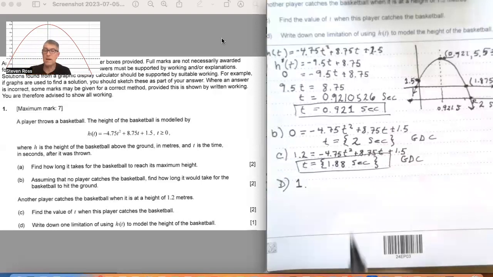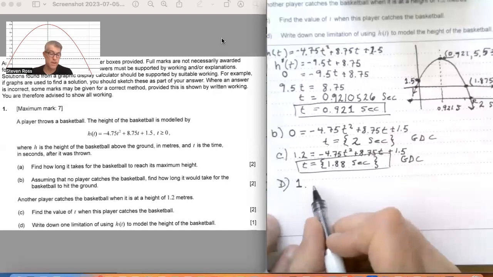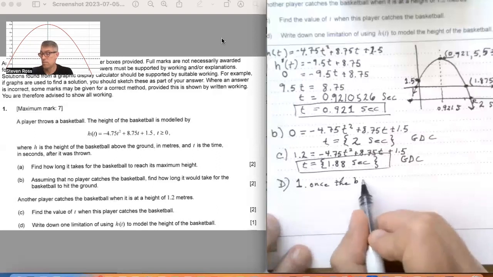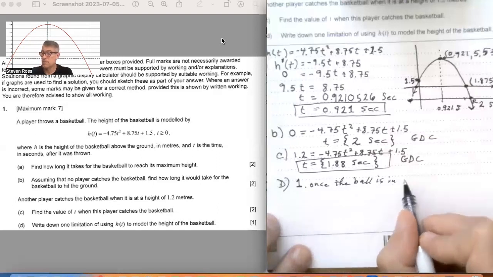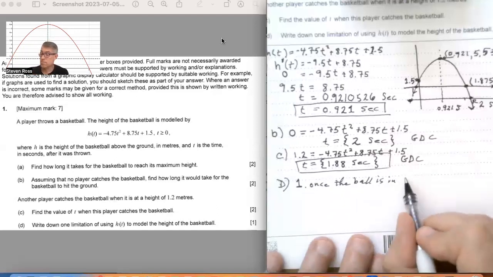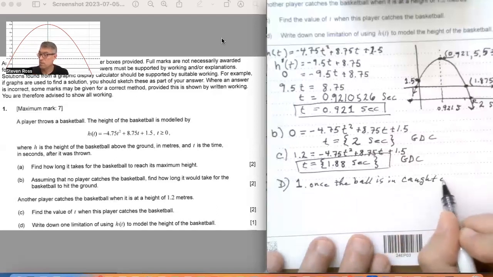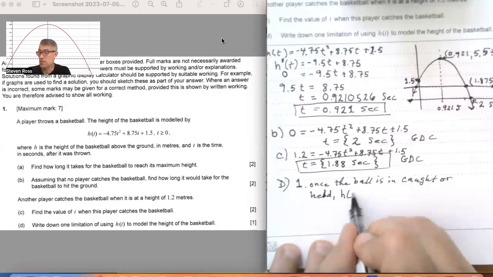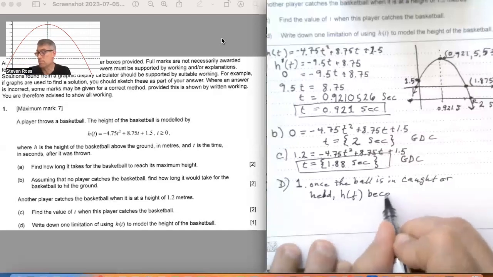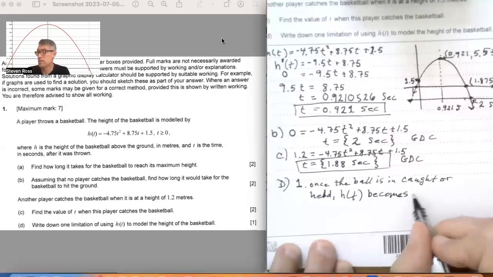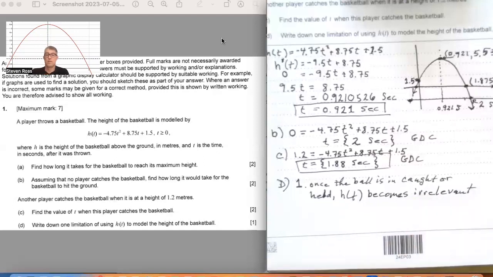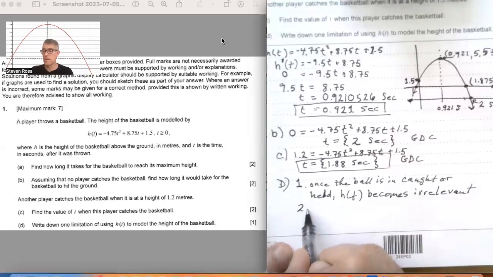And I guess the best answer that I came up with for myself was this: once the ball is caught or held, h of t becomes irrelevant. So that's one possible answer for a limitation.